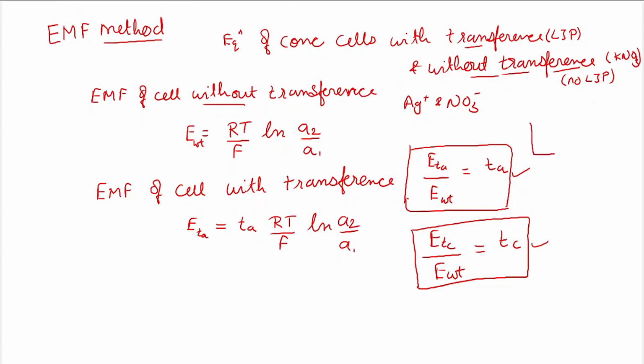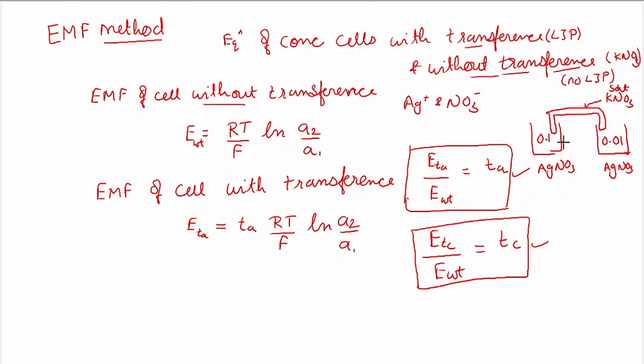Suppose we have 0.1 normal AgNO3 in one beaker and 0.01 molar AgNO3 in another beaker. Now we connect this cell with a salt bridge, first measuring the EMF using a saturated KNO3 salt bridge.